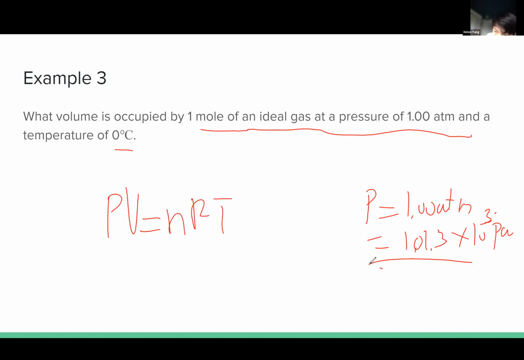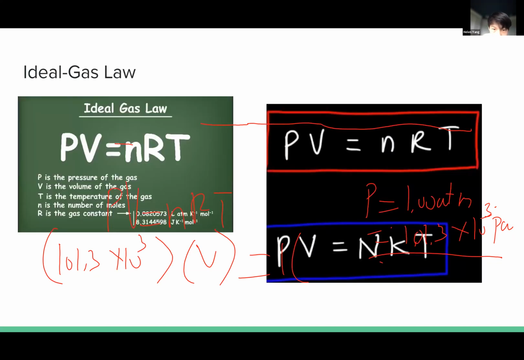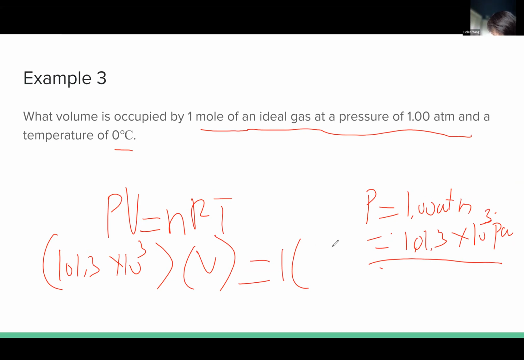Since the pressure, I said, was 1 atm, which is 101.3 times 10 to the power 3, times the volume V is equal to n, which is just 1, times R, which I said on the other page was 8.31, times T. And since T should be in kelvins and we're given that the temperature is 0 Celsius, T is equal to the temperature in C plus 273.